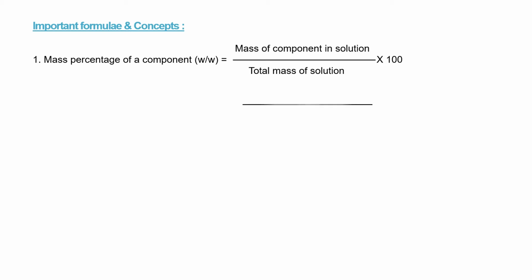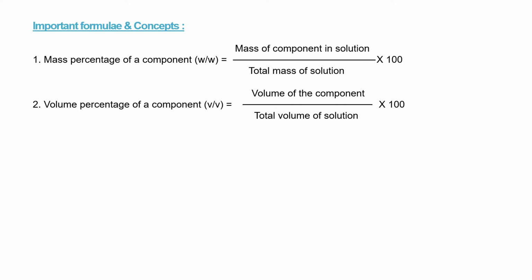Now we see the next formula, in which your component is expressed in a volume term. At that time you represent it as volume percentage of a component, which is equal to volume of the component divided by volume of the solution, into 100. One thing to remember: the unit is very important in this case.